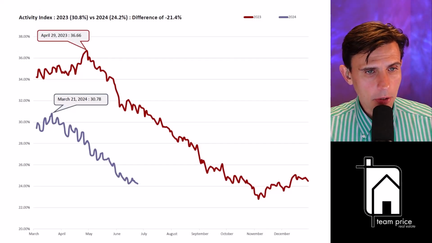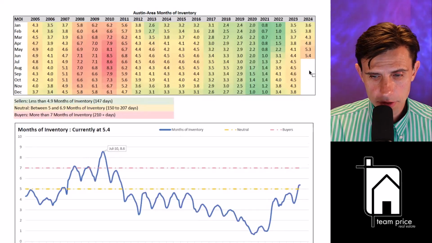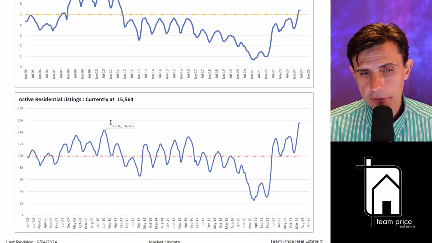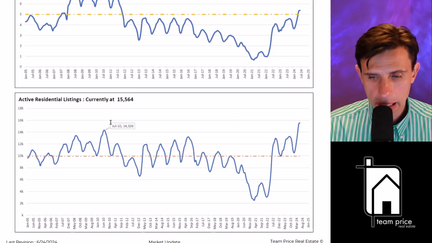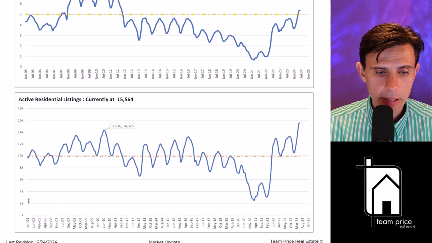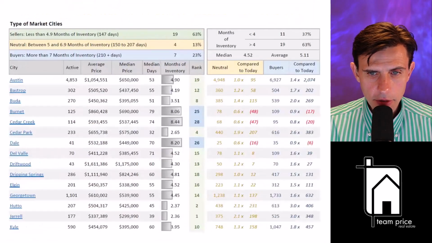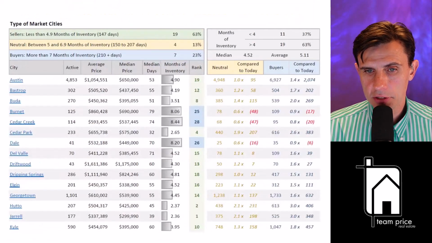So that's what's happening with inventory right now. We're currently at 5.4 months of inventory. When you look at the number of active listings, we're currently at 15,564 across the entire MLS. This goes all the way back to January of 2005. The other thing, I posted this on Facebook and I focused on zip code.